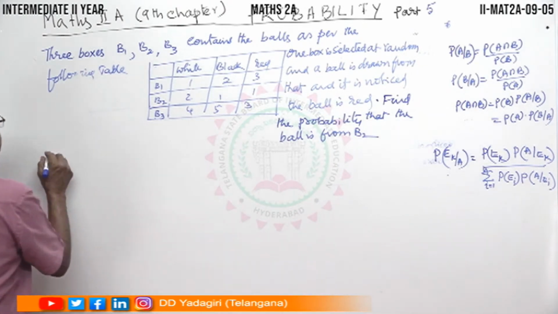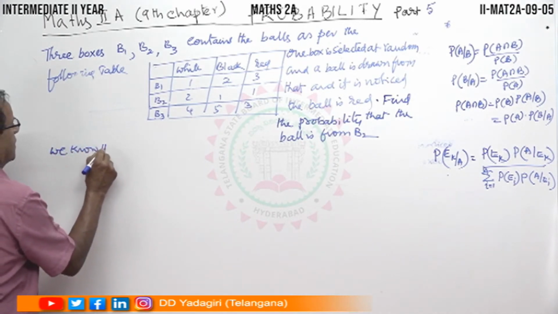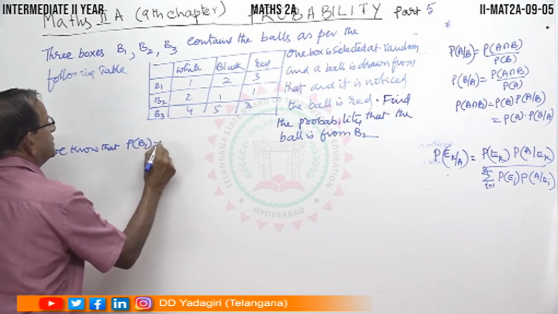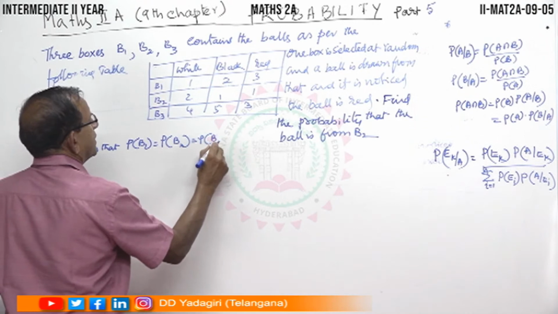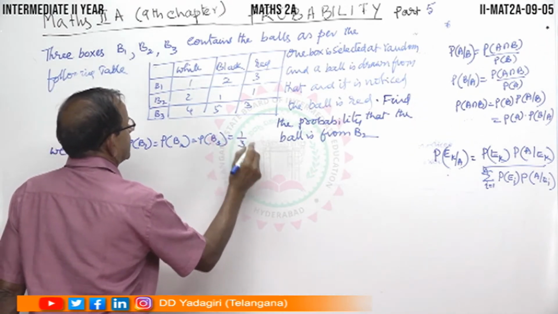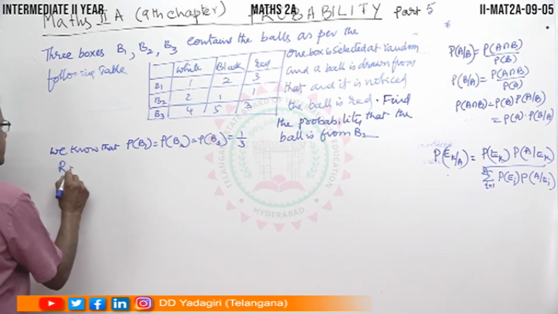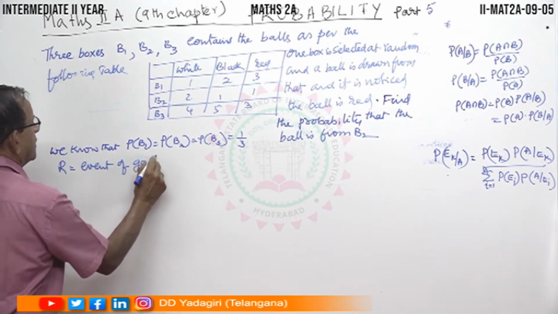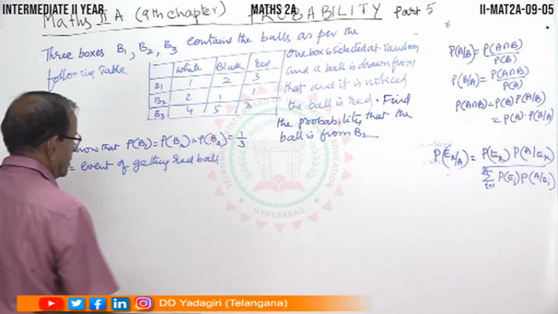So we know that P of B1 is equal to P of B2 is equal to P of B3 is equal to 1 by 3. Now let us take R as the event of getting a red ball.